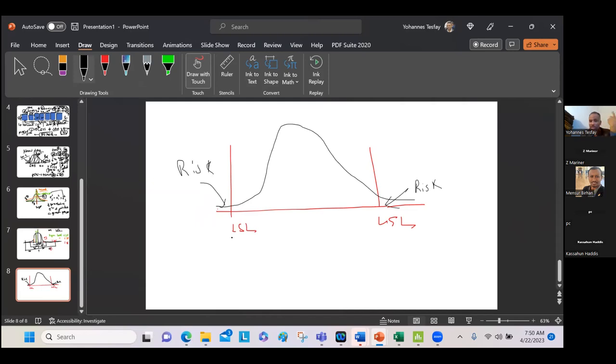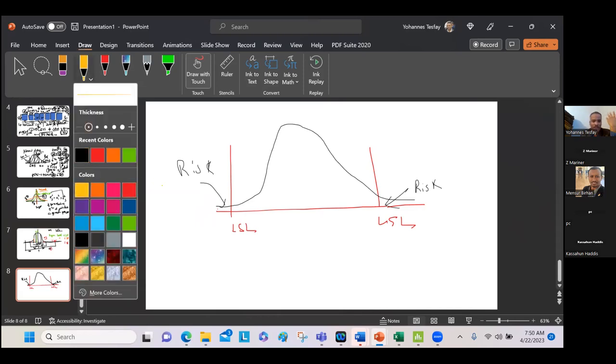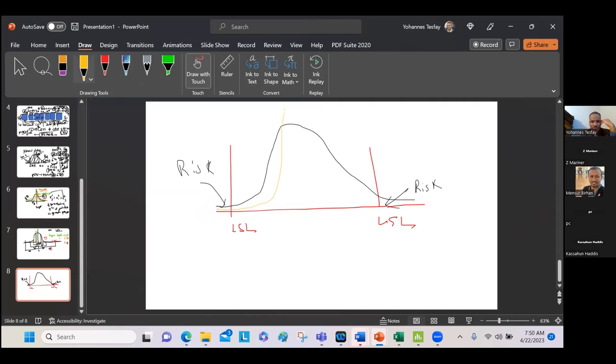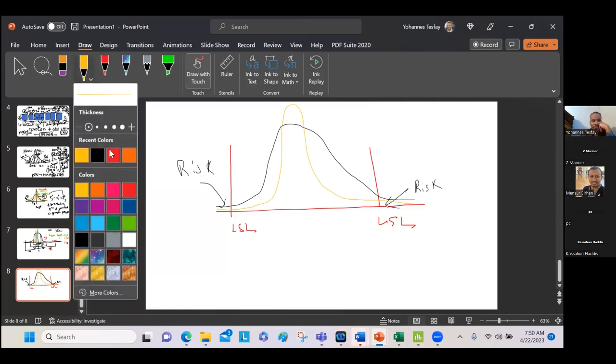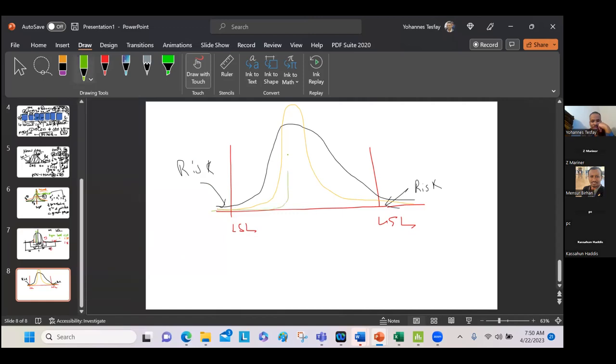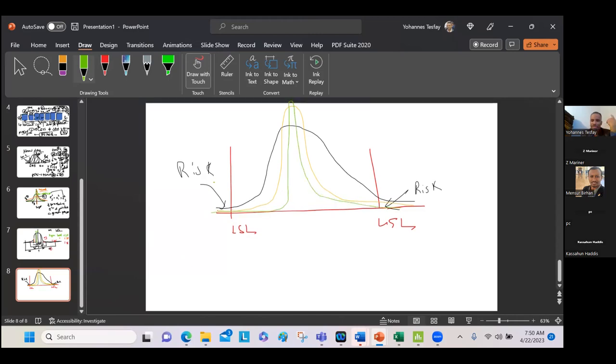Now I also have another process, and that process is going to be like this. I have also another process which is just like this. So which process has the least risk?